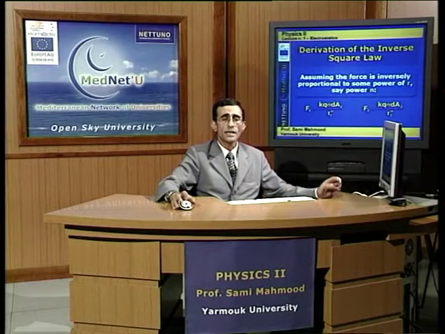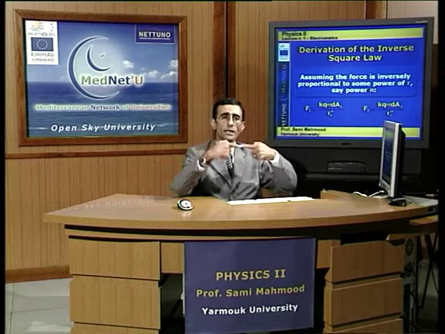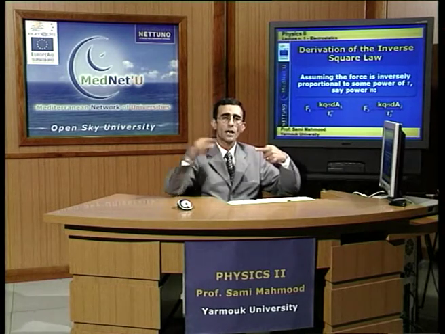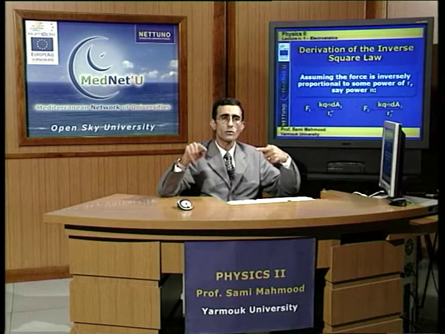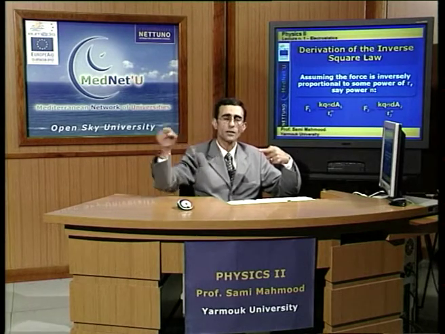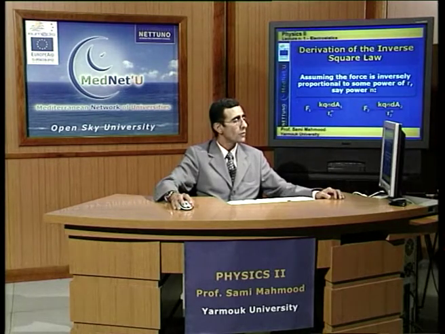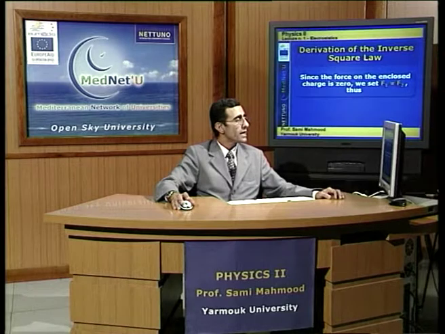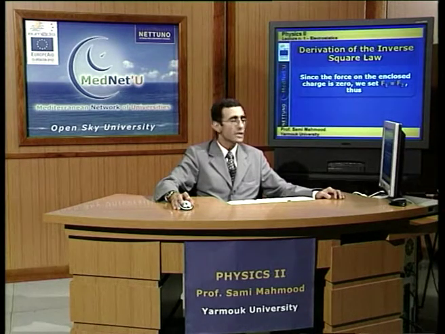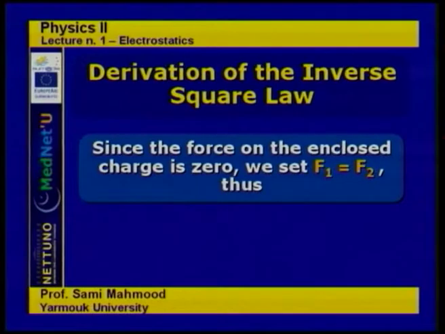Now, in order to calculate the total force along this line that we have drawn, which intersects the surface in the two surface elements, we add up these two forces. Since the total force on the enclosed charge is 0, when we add these two forces we must conclude that F1 in magnitude is equal to F2 in magnitude, and they are opposite, of course, in direction.